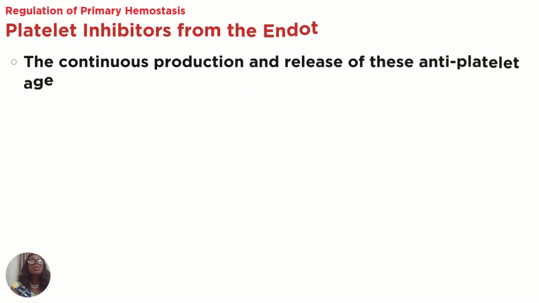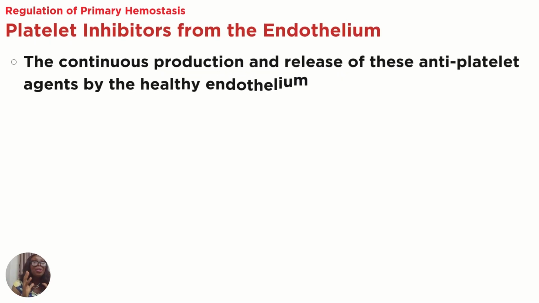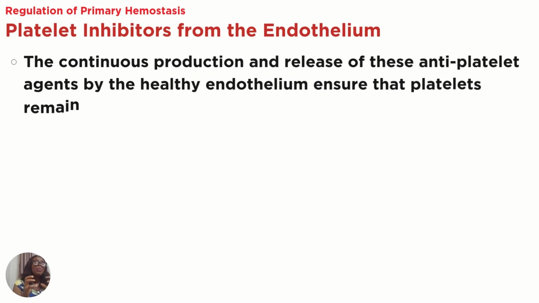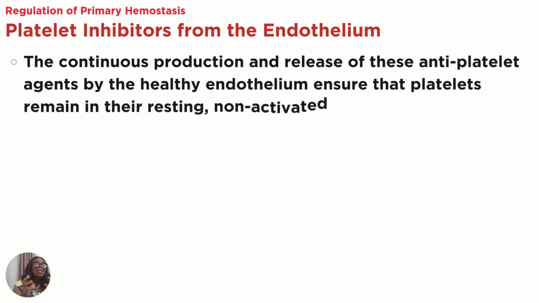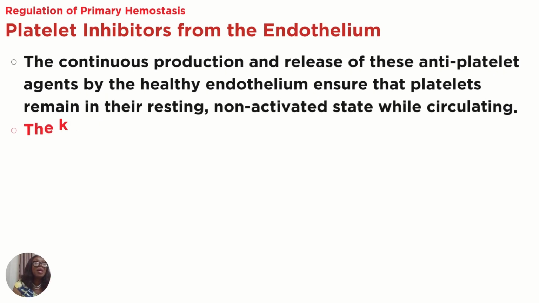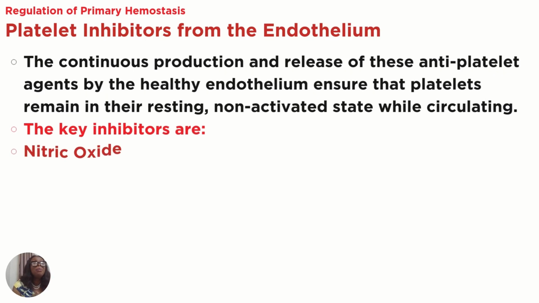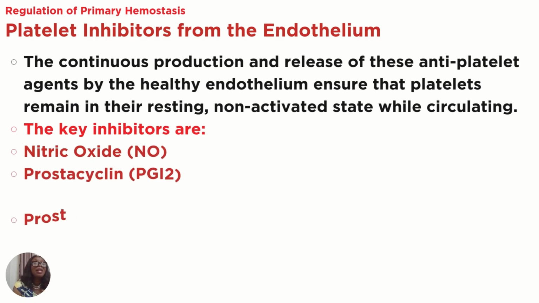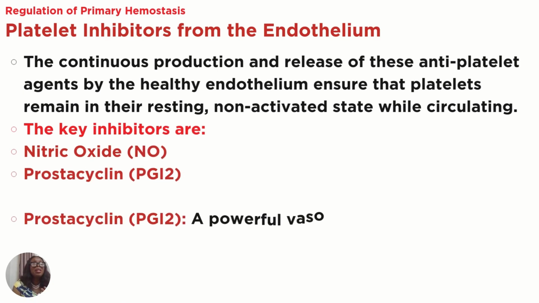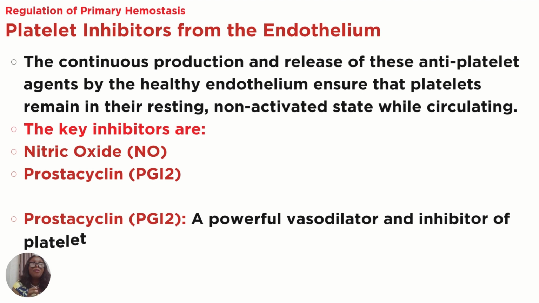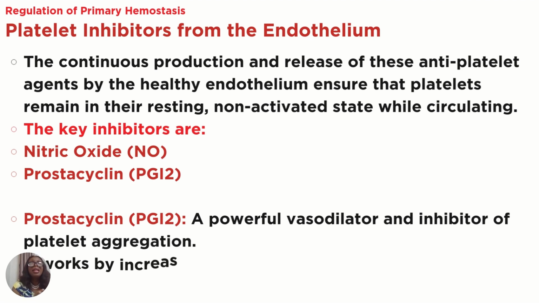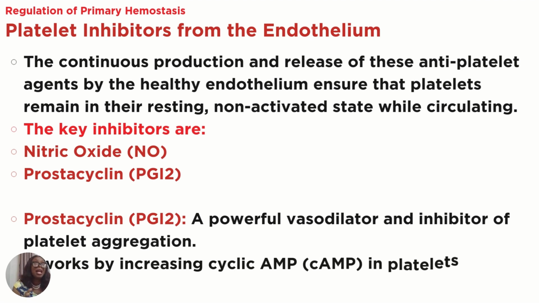Platelet inhibitors, we have things that actually inhibit platelet activity, and these substances are produced by the endothelium. The chief among them are nitric oxide and prostacyclin, PGI2. Now, prostacyclin is a powerful vasodilator and an inhibitor of platelet aggregation.